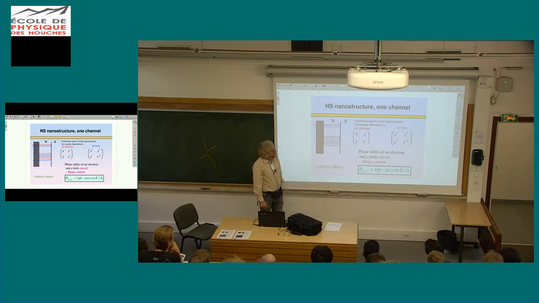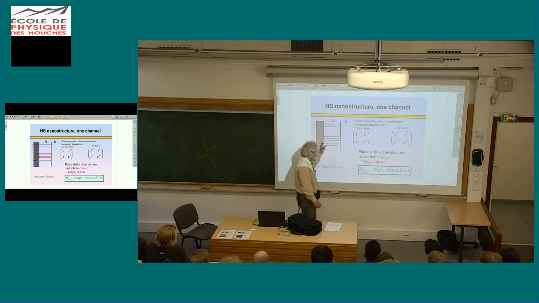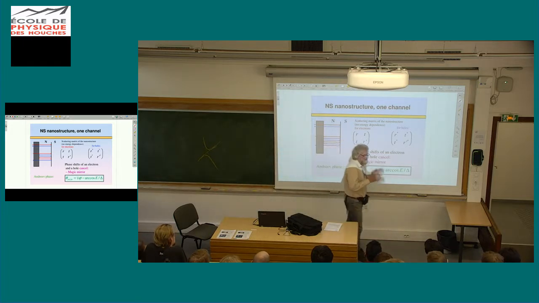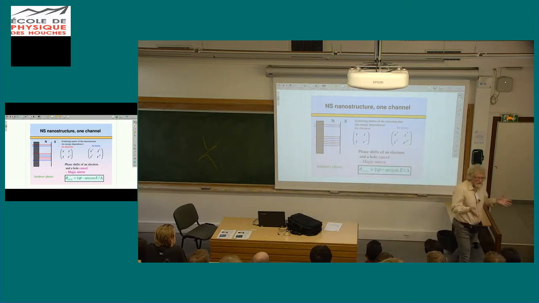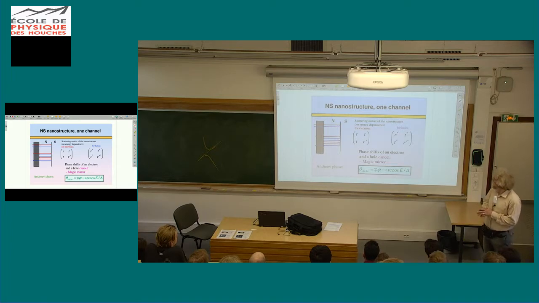Andreev conductance. With the knowledge we have just acquired, this exercise is very similar to the double barrier problem we have considered. We can now compute it with our hands. What do we have to take into account?